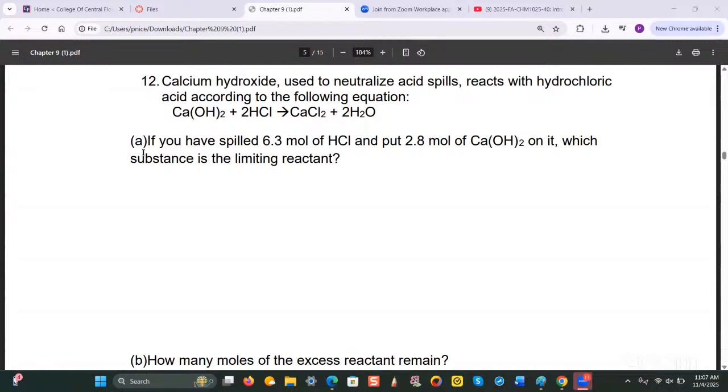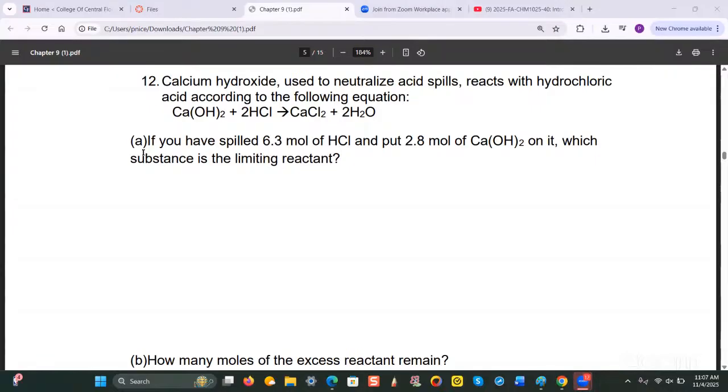And the question says, if you spilled 6.3 moles of hydrochloric acid, and then you put 2.8 moles of calcium hydroxide on it, which substance is the limiting reactant? I think this is our first limiting reactant type problem, so let me explain how this is done.